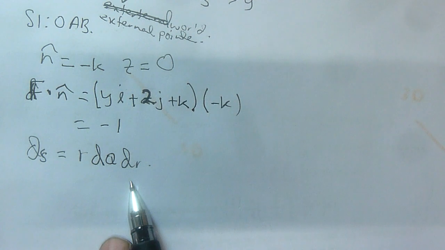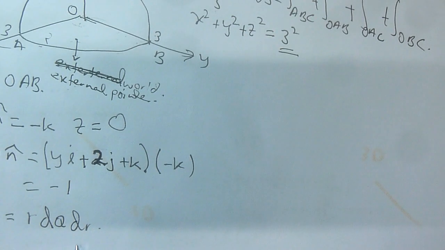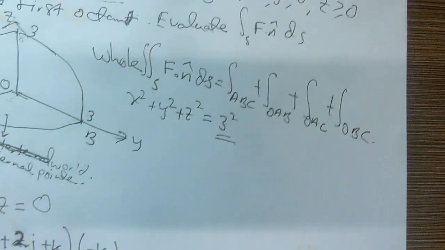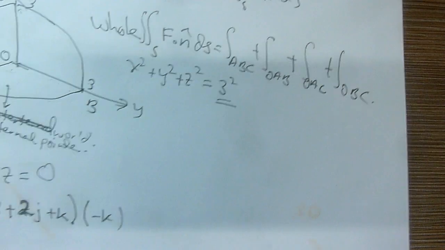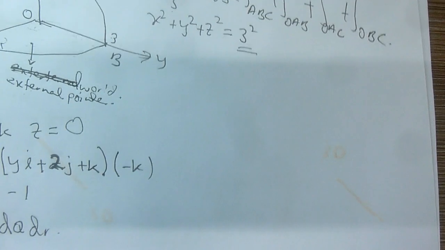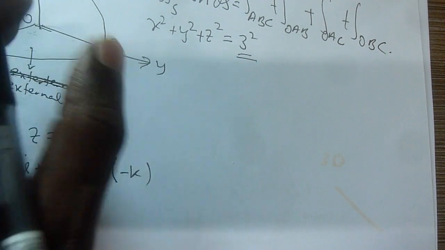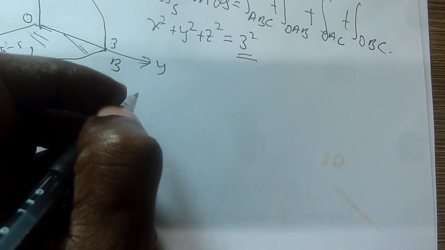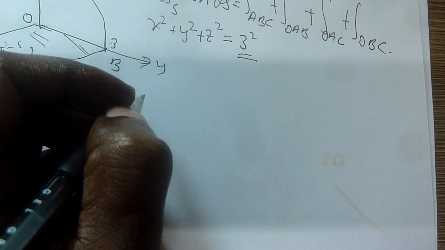Now, shall we calculate? Can we calculate or not? Yes, we can go and calculate this. In order to calculate this, I try to use this model here just because side by side. Let me show you this part first.